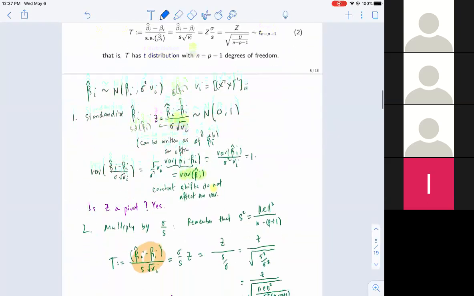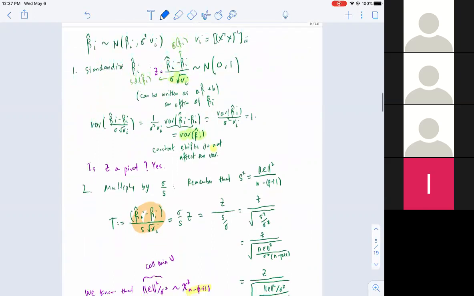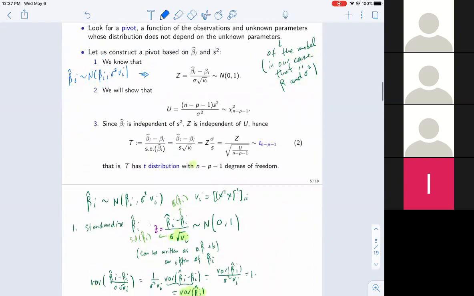Then I went through an argument which I'm not going to repeat because it would take some time, but if you have questions, feel free to ask. This is going to be a pivot because the distribution does not depend on unknown parameters of the model. But there's a sigma which we want to get rid of.